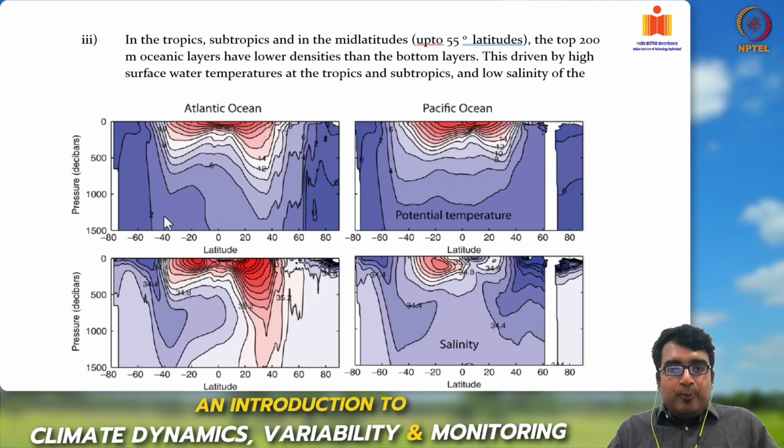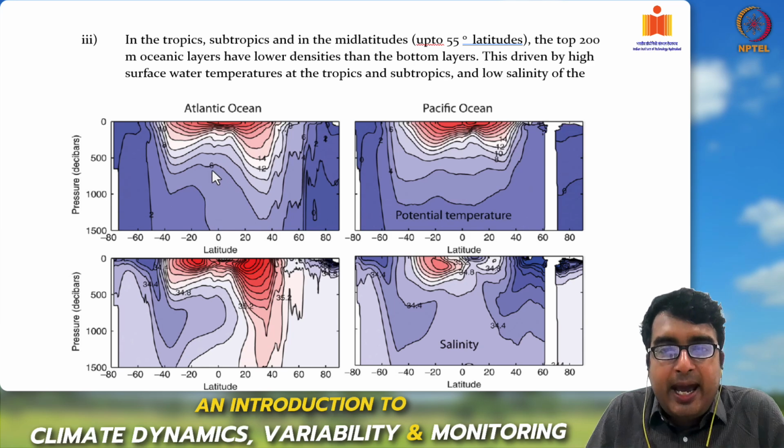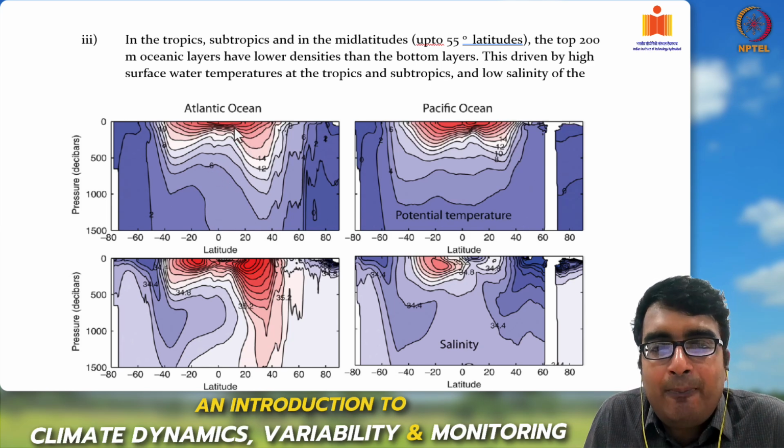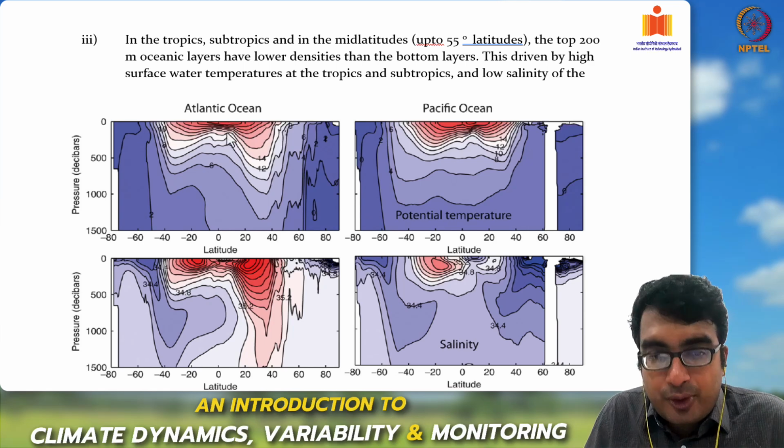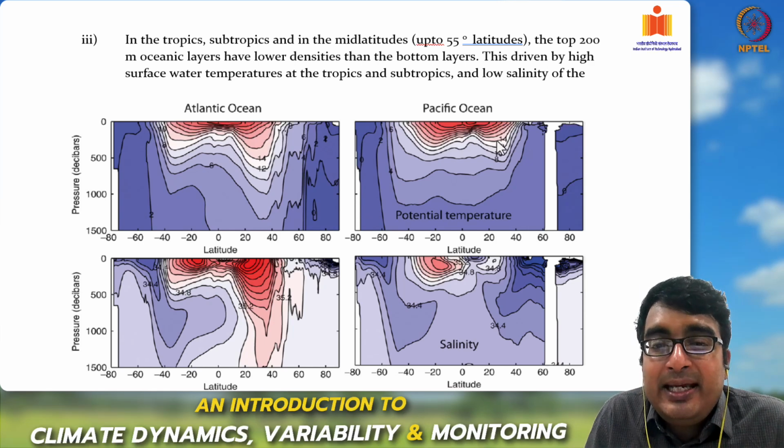The values of the potential temperatures are also being given. So this is the 2 degree centigrade contour, this is 12 degree centigrade contour, this is 6 degree centigrade contour, and if you go above, this is 14, 16, 17, 18, 20, 22, up to 24 degree centigrade contours. Similarly in the Pacific Ocean.